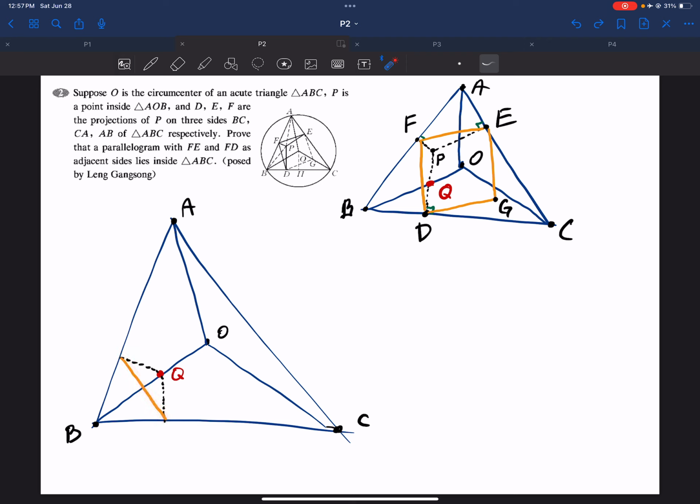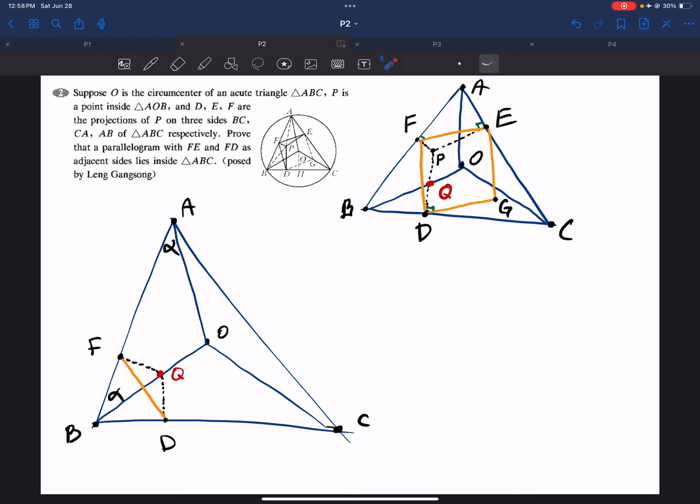How do we do that? Okay, let me also introduce back the names: F, D. Let's also call this angle alpha. This angle will also be alpha because, since O is the circumcenter, this and this and this have the same length.